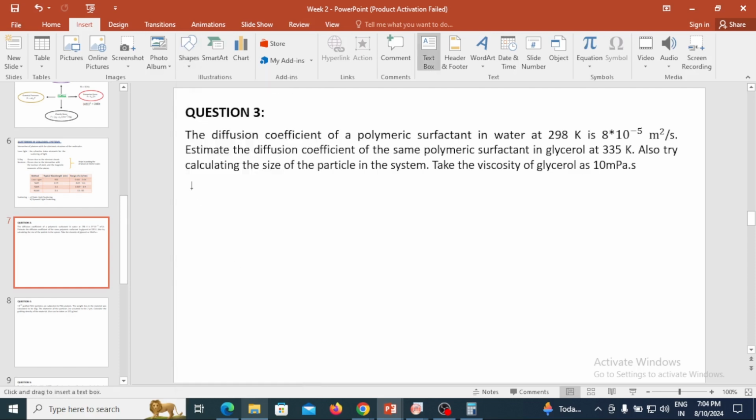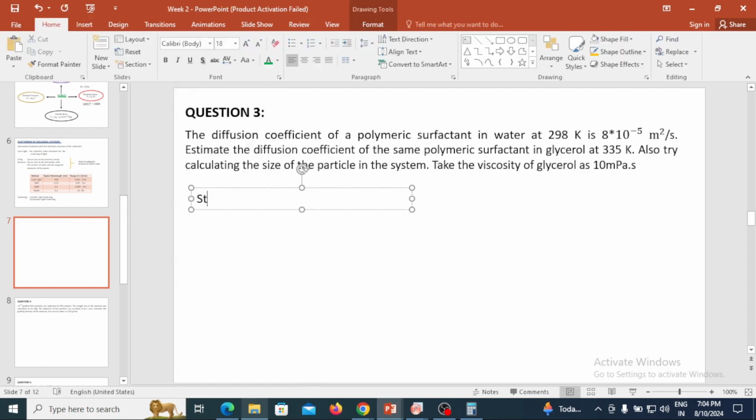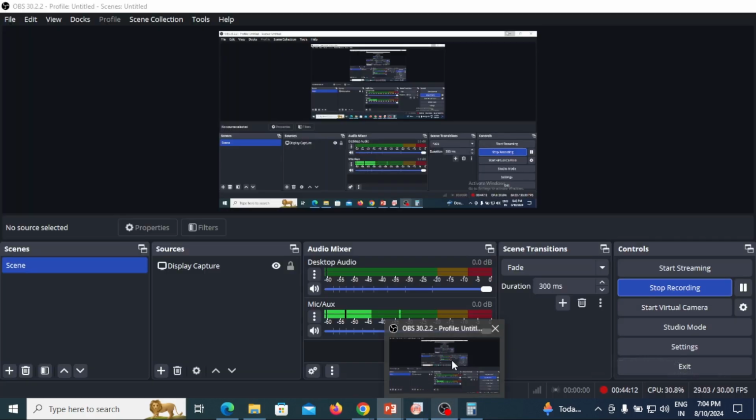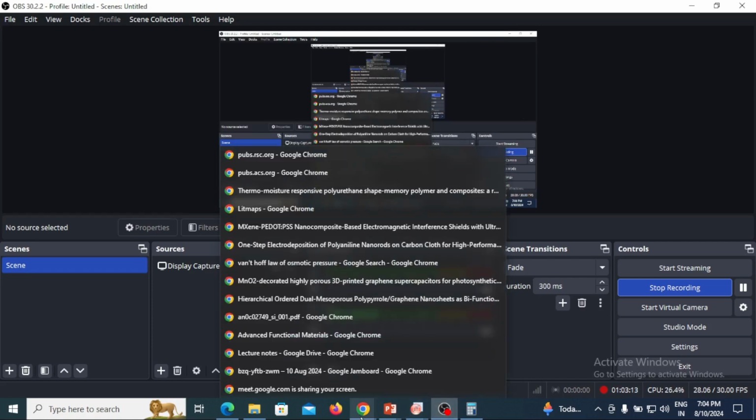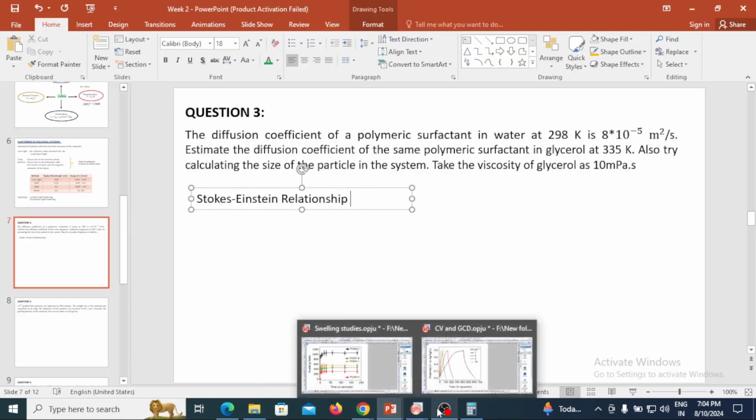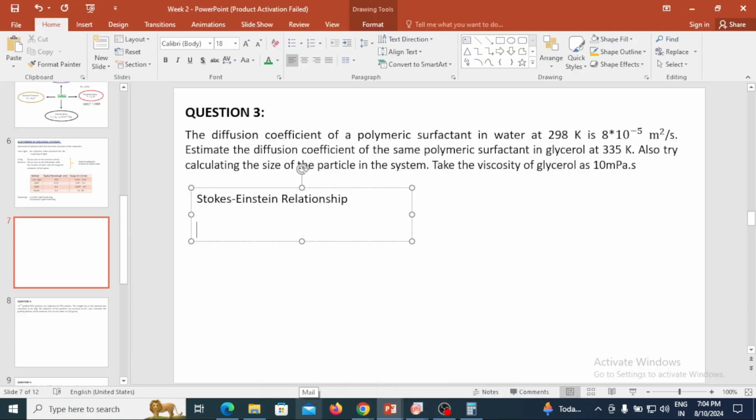The Stokes-Einstein relation is D equals k_B T divided by 6 pi eta R. So this is the Stokes-Einstein relationship.